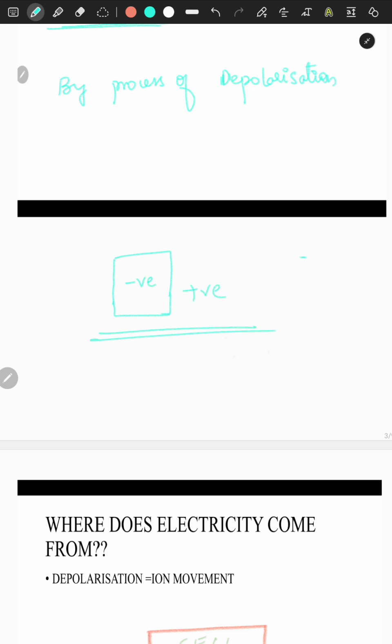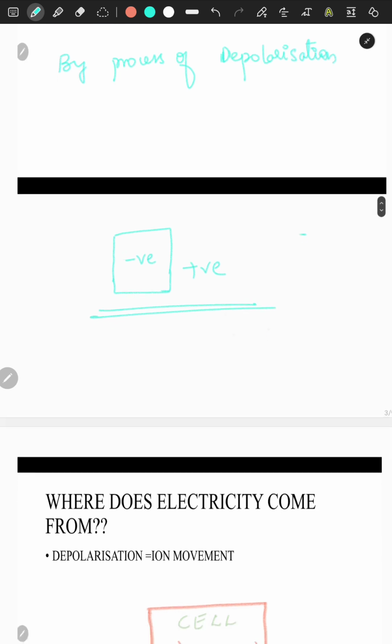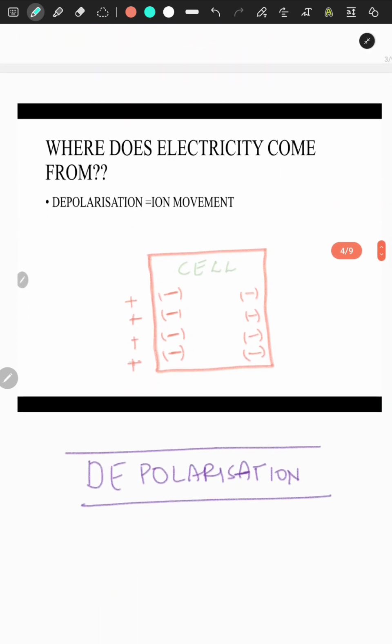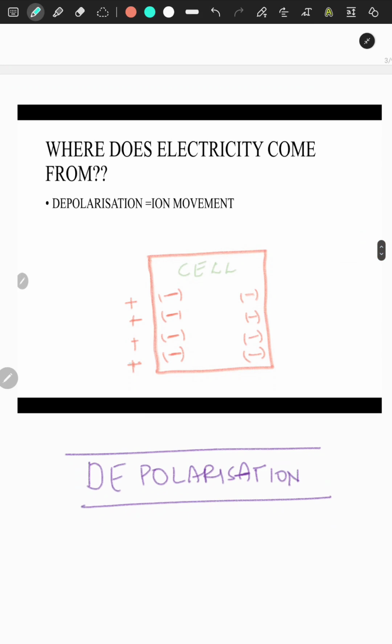This goes the same for all the cells in the body, including the myocardial cells. So, when depolarization occurs, positive sodium ions move from outside of the cell to inside of the cell.